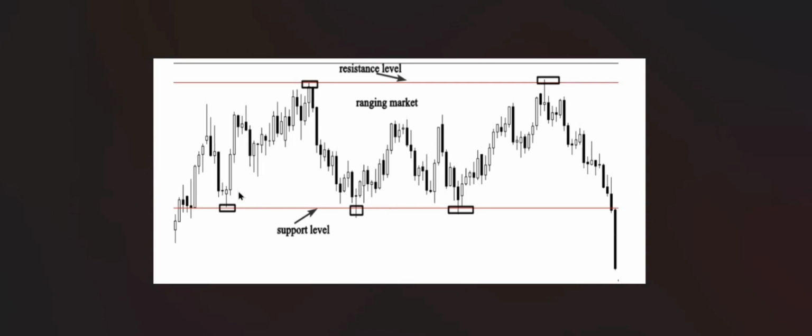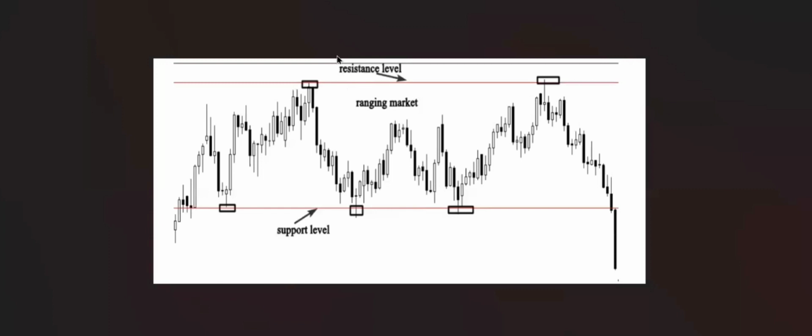Remember that the only difference between a ranging market and a trending market is that in a trending market, the price makes a series of higher highs, higher lows for an uptrend, and for a downtrend, price makes a series of lower lows, lower highs.